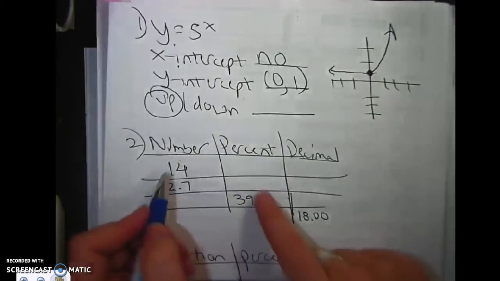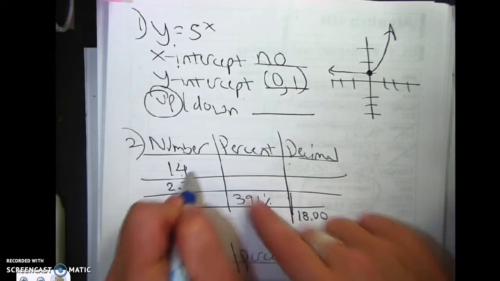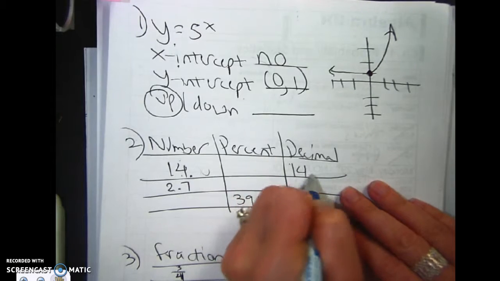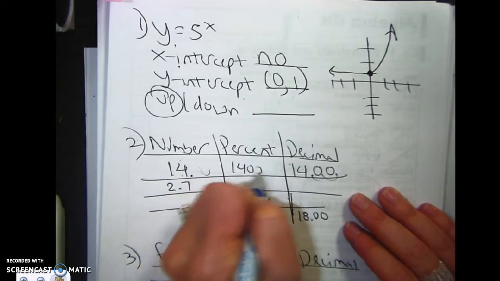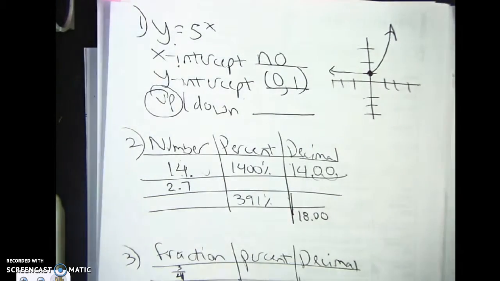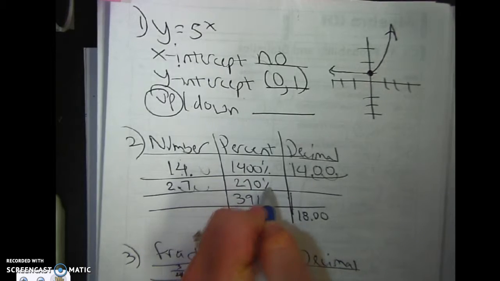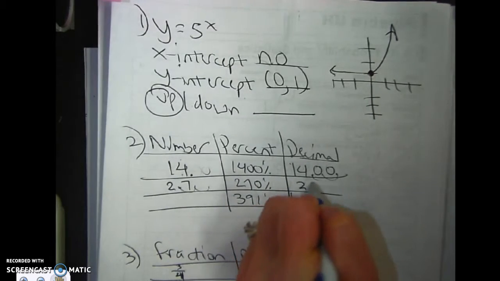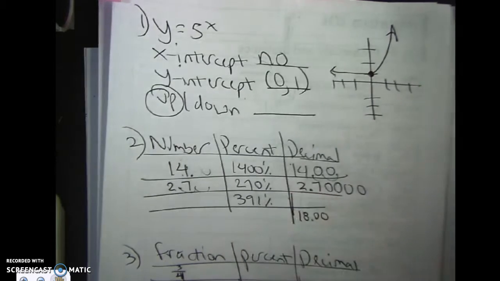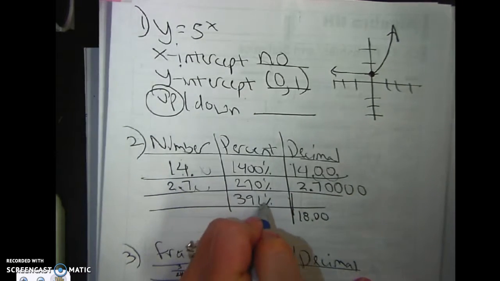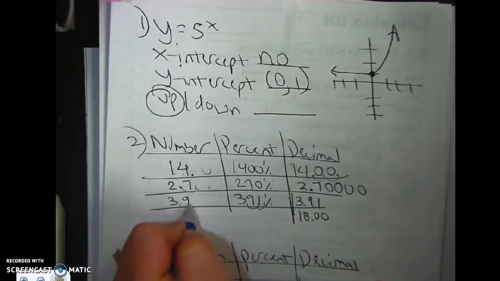Number 2, I want the percent and the decimal. Well, there's an imaginary 0.00, so 14.00, which is 1400%. Same thing: 270%. 2.7 works. 2.7000, whatever. 3.91.